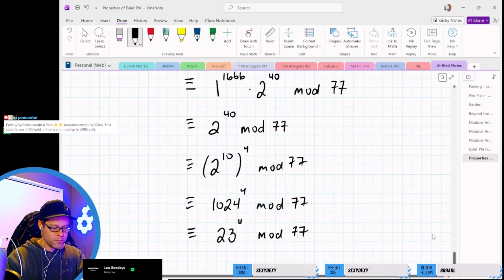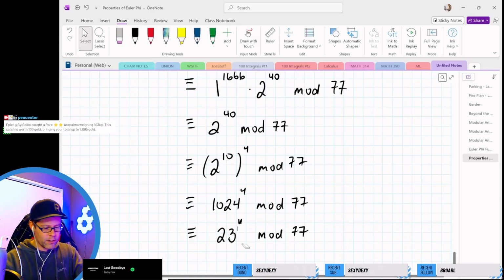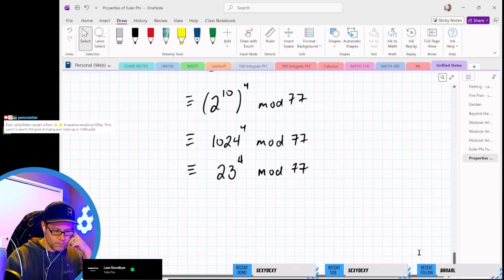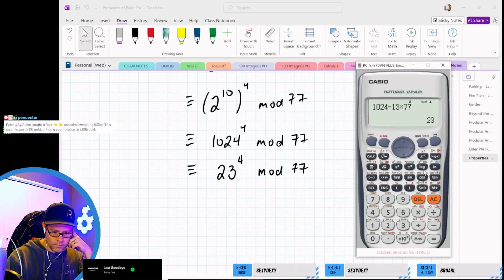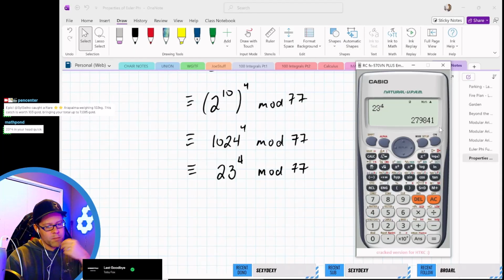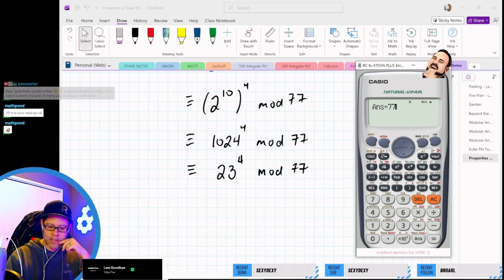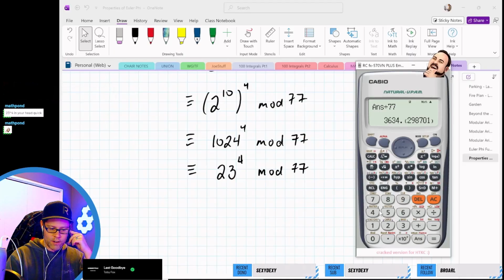We're getting there. Does my calculator like 23 to the 4 is the next question. It's pretty big, but it's manageable on my calculator now, right? So I can now divide this by 77, and I get 3634.